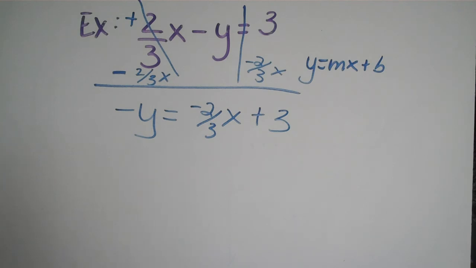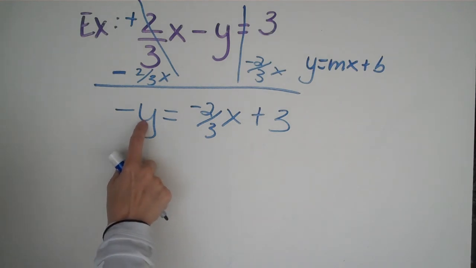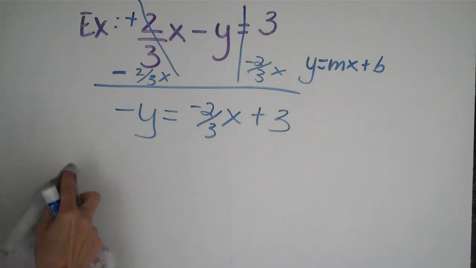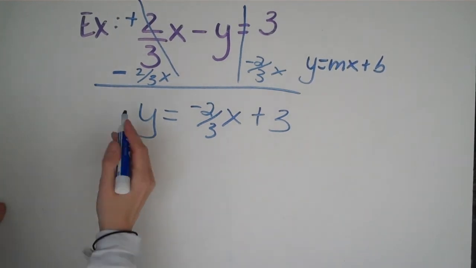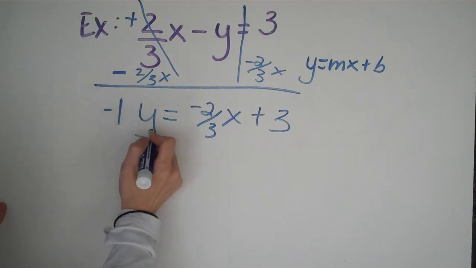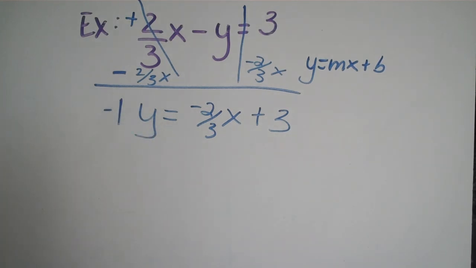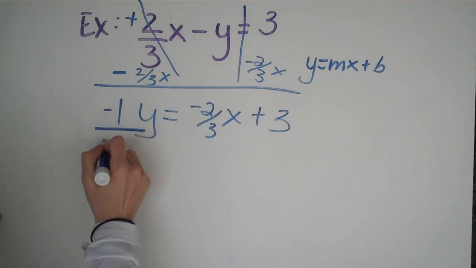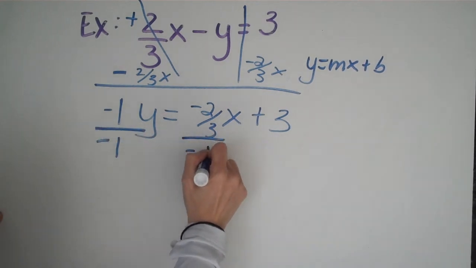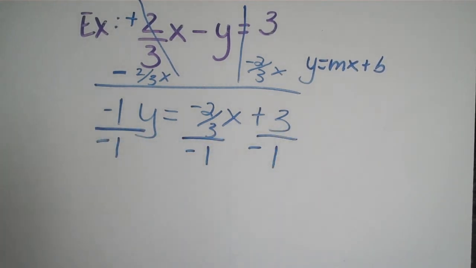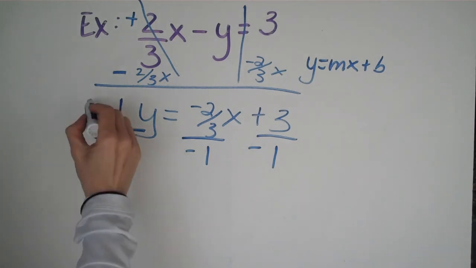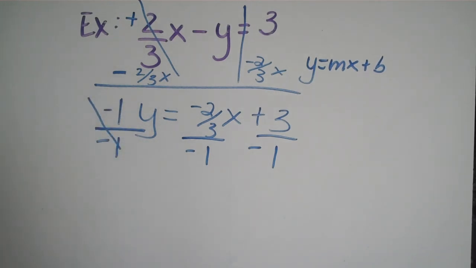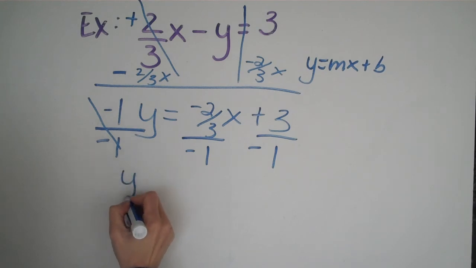Well, let's think about this. If we have a negative y there, that's really the same as saying a negative 1y, isn't it? And if we want to get rid of that sign, we can divide each term by negative 1. And what happens when we do that? Well, now this cancels out, which is what we want. We don't want it to be a negative y.